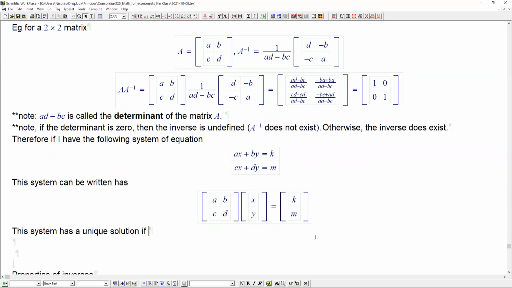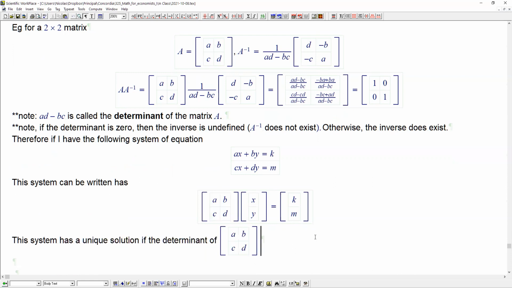if the determinant of ABCD, which is AD minus BC, is non-zero.